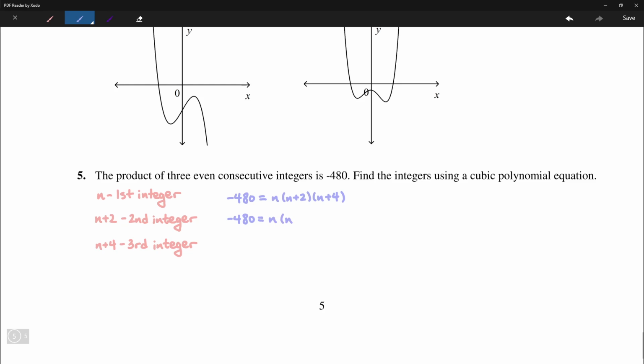Multiply the binomials together first. So we have n squared plus 6n plus 8. And then we can multiply the n. So that will be n cubed plus 6n squared plus 8n on the right-hand side. So finally, move the 480 to the right-hand side.